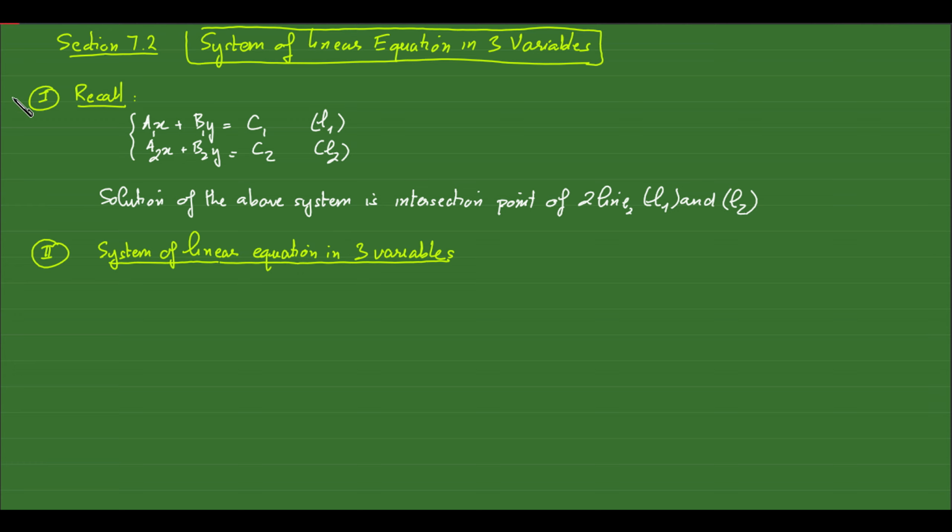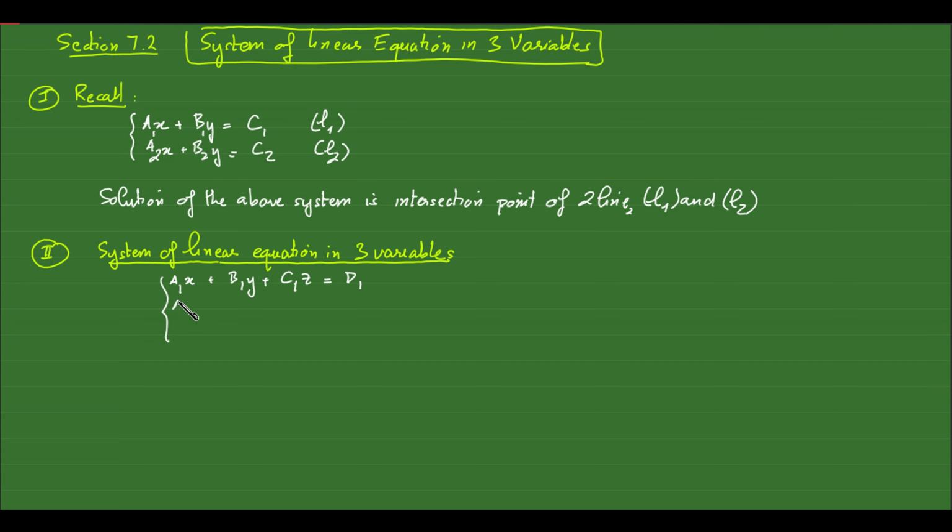Okay, so we can extend the concept by adding another variable and adding another equation into the system. So instead of having a1 b1 only, we're going to have c1 over here, and over here we're going to have d1. So we'll have something like this: a1x plus b1y plus c1z equals d1. You see, we have three variables x, y, and z.